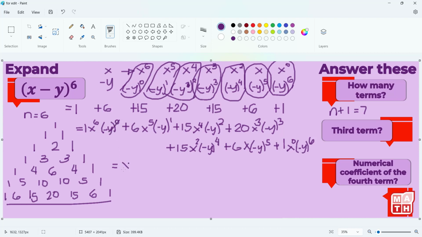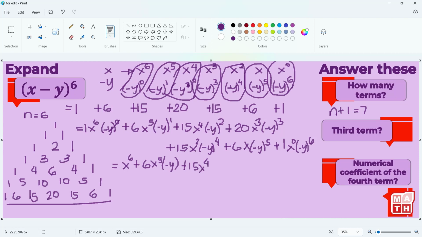So we have here x to the power of 6 plus 6x to the power of 5 times negative y, because negative y to the power of 1 is just negative y. Take note of this. This will be changed later. Okay. Next, plus 15 x to the power of 4.